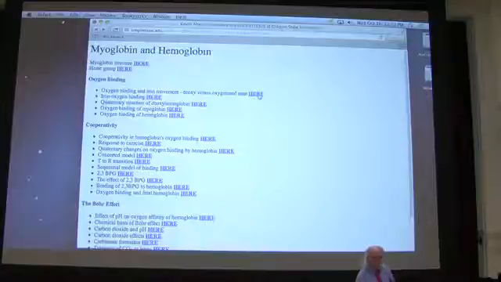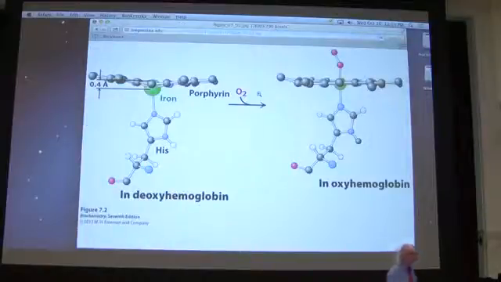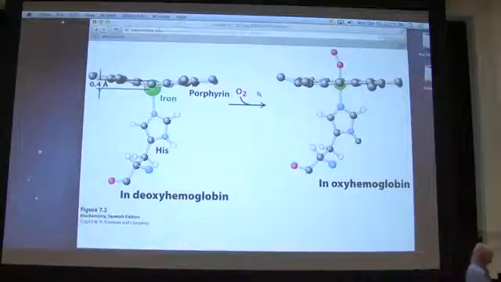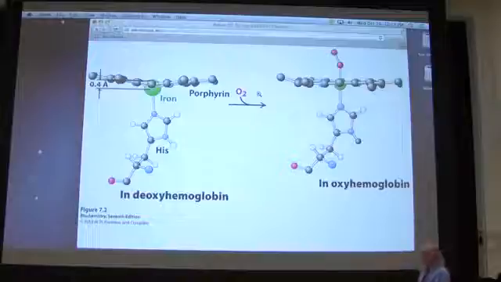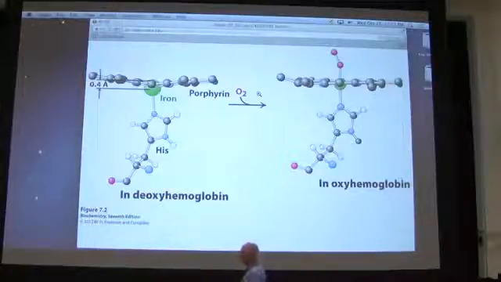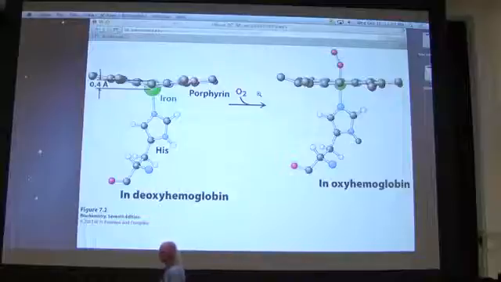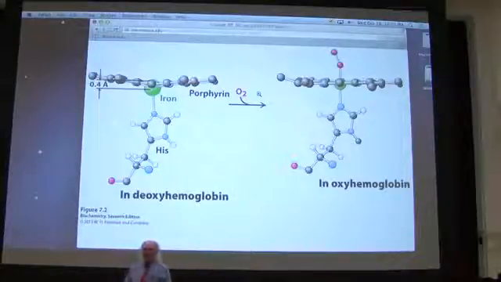Now, I said these were very important for binding to oxygen. I'm going to show you something that's important for these proteins, and we're going to see that this very simple thing I'm going to show you about structure is remarkable, because it enables you to live as an animal.